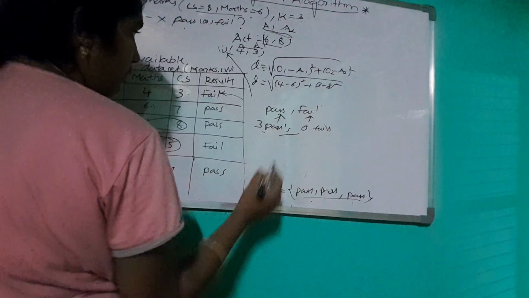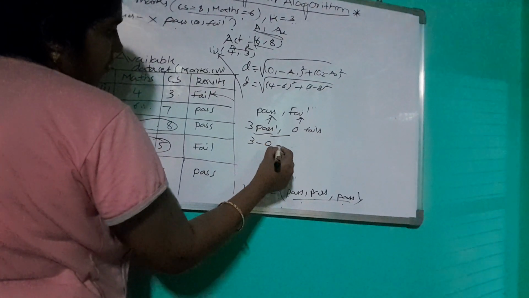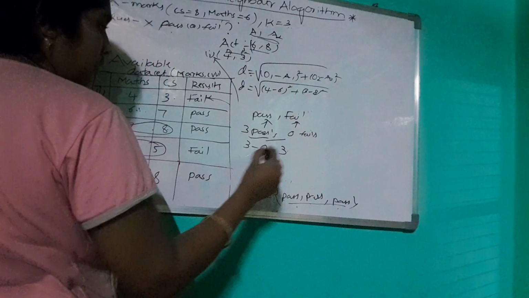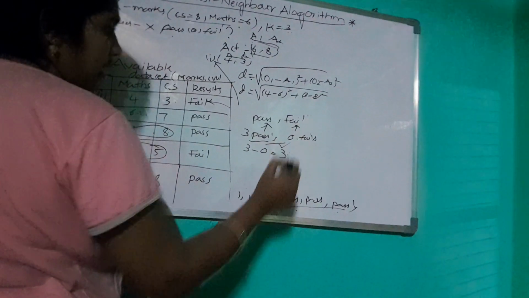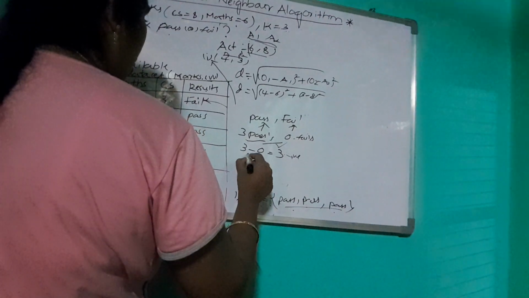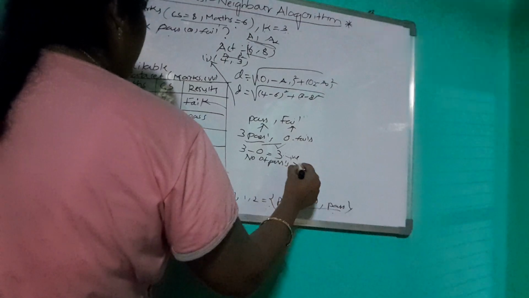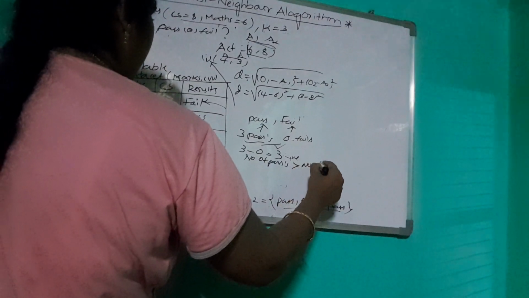Now we have to calculate the difference between these counts. 3 minus 0 equal to 3. So passes are greater than fails, we get a positive value. So the number of passes is greater than the number of fails.